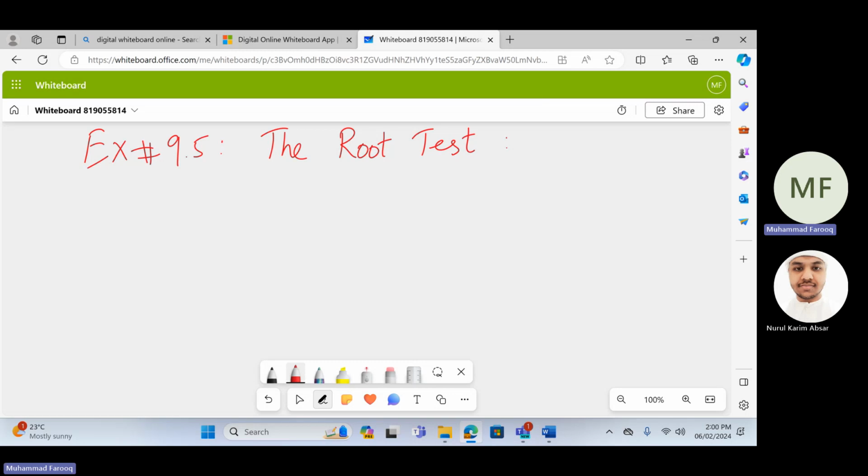However, the calculation is different. In the ratio test, the calculation was a sub n plus 1 divided by a sub n, we apply limits at infinity, and it also has absolute value.